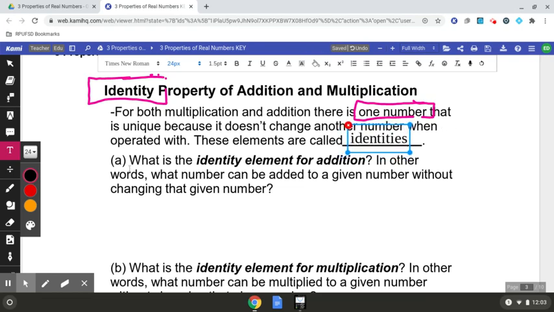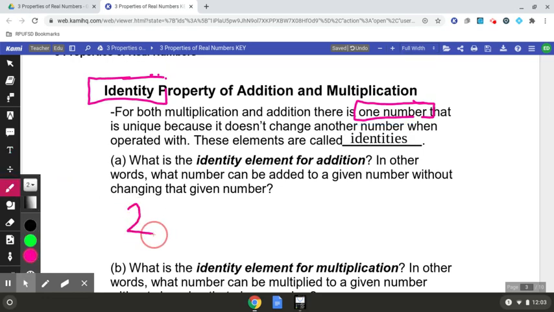Okay, so what is the identity element for addition? In other words, what number can we add to a number without changing it? So let's say I started with the number 2. What could I add to 2 to still get an answer of 2 when I'm done? So think about it. What number, when I add, is not going to change my answer?